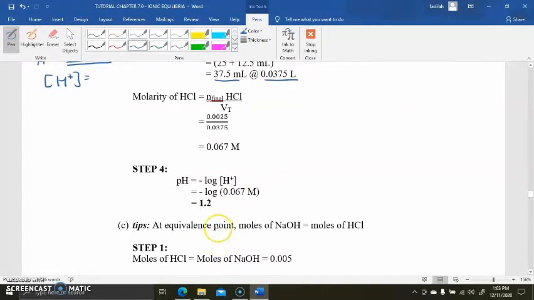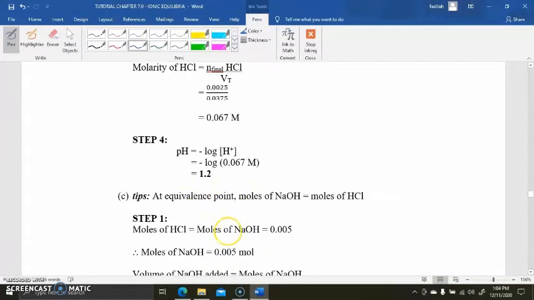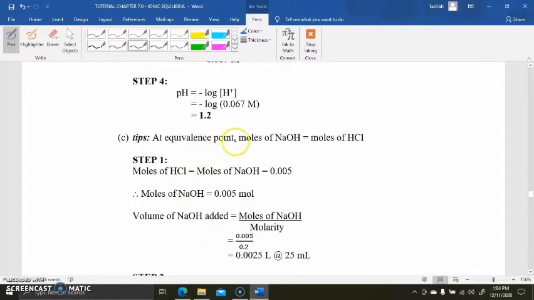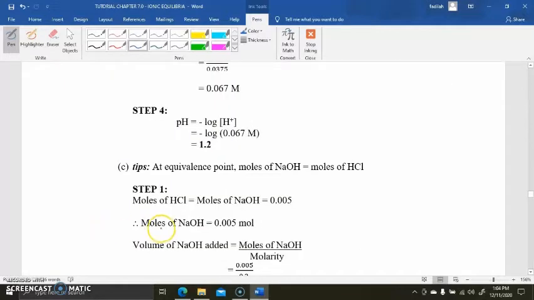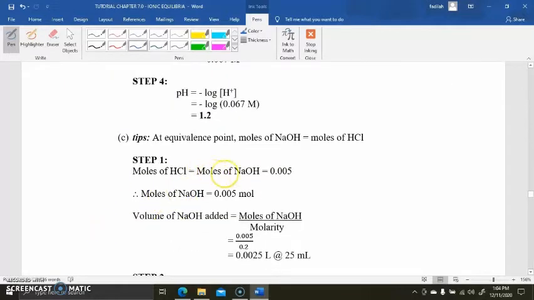Okay, right, untuk C kita nak cari pH at equivalence point. So, apa yang penting korang kena tahu at equivalence point, number of mole NaOH is equal to number of mole of HCl. Okay, so, number of mole of HCl sentiasa sama dalam conical flask, which is 0.005. So, automatic number of mole of NaOH is also 0.005.